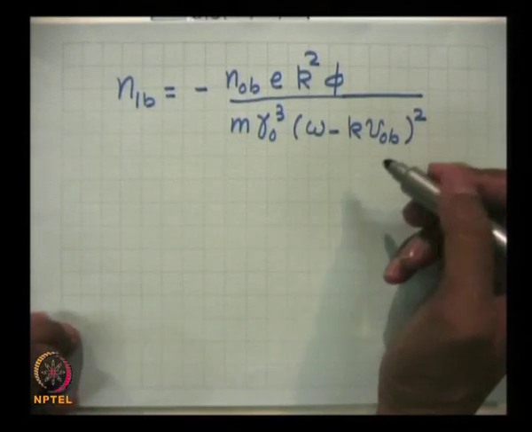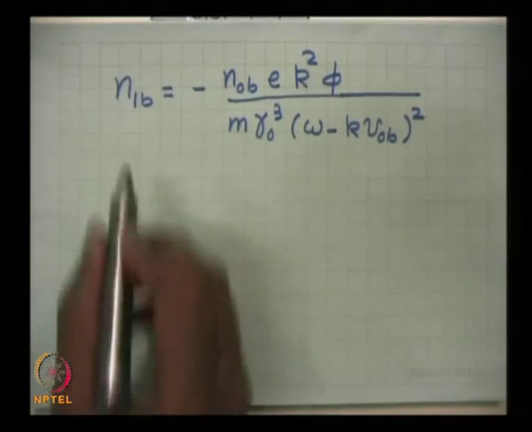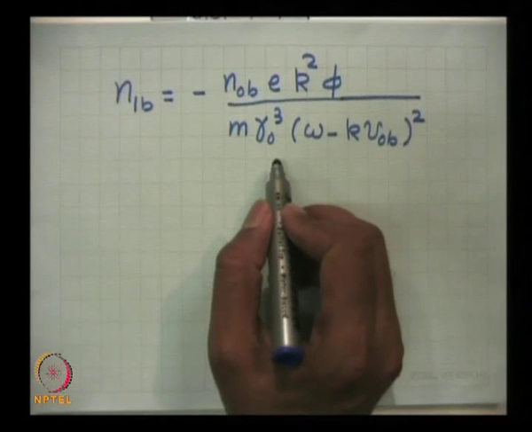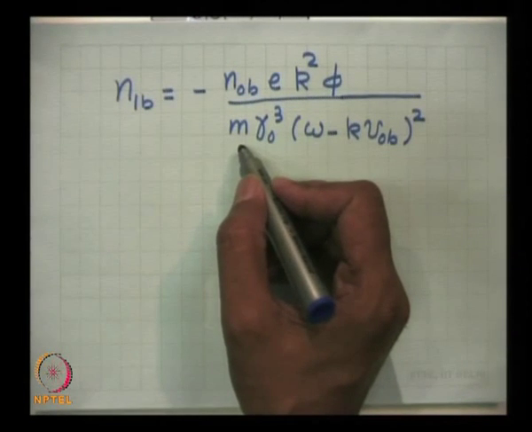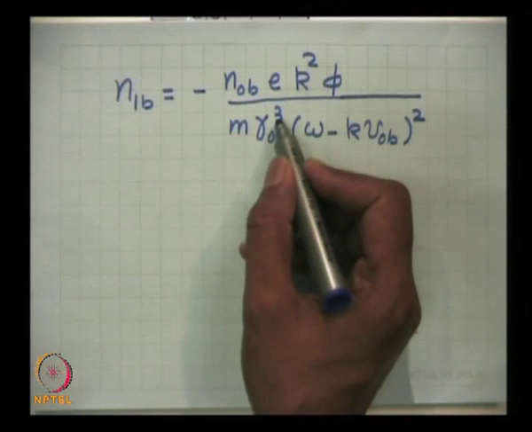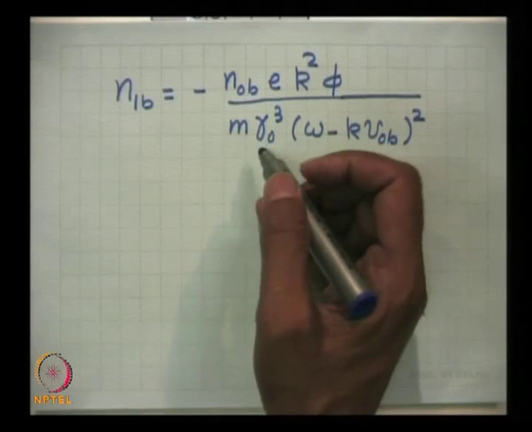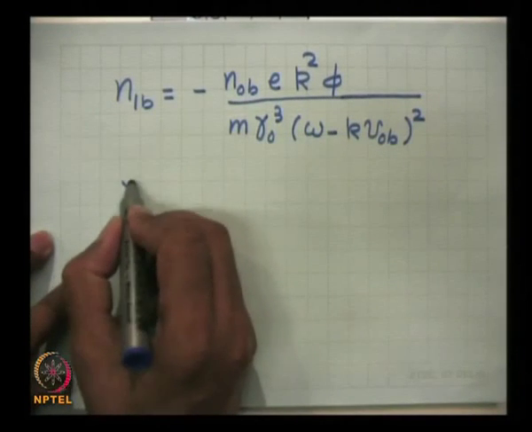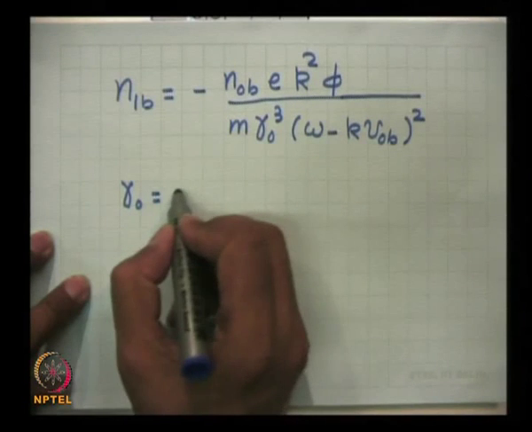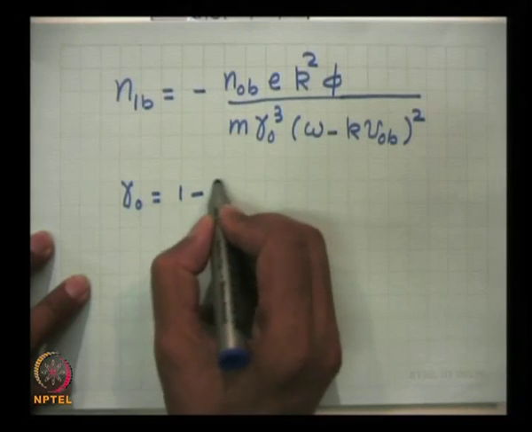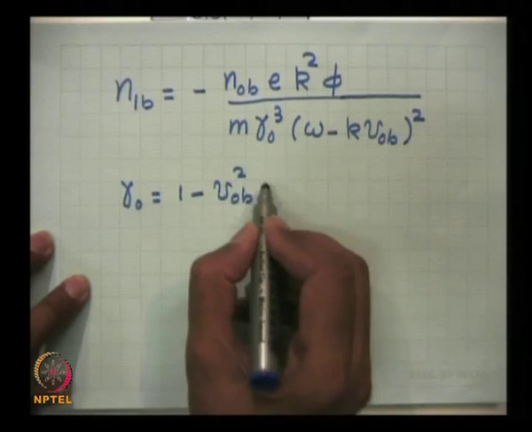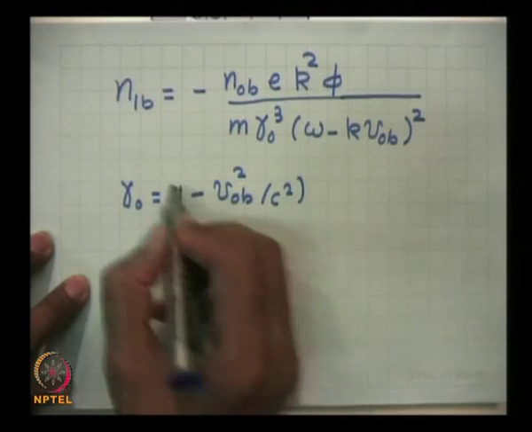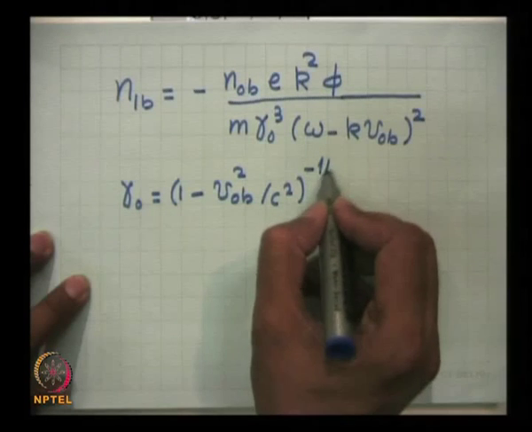So mathematically there is only one change in the density perturbation due to relativistic effect, that the effective mass of the electron becomes rest mass multiplied by gamma 0 cube, and gamma 0, as I mentioned, is equal to 1 minus V0b square by c square to the power minus half.